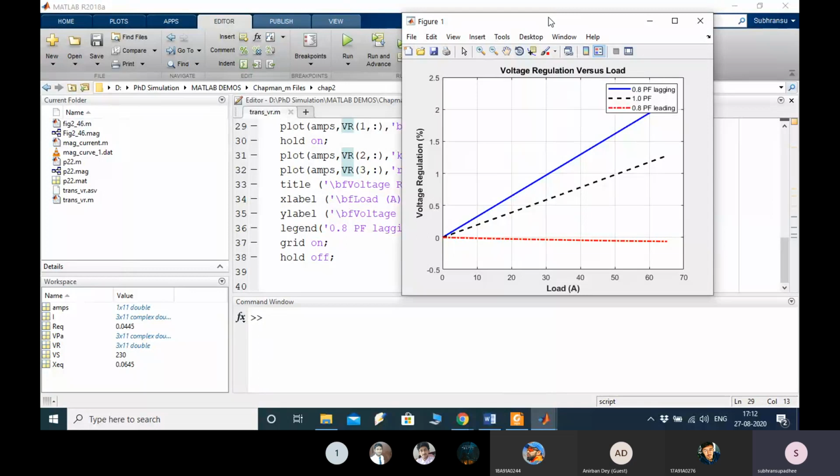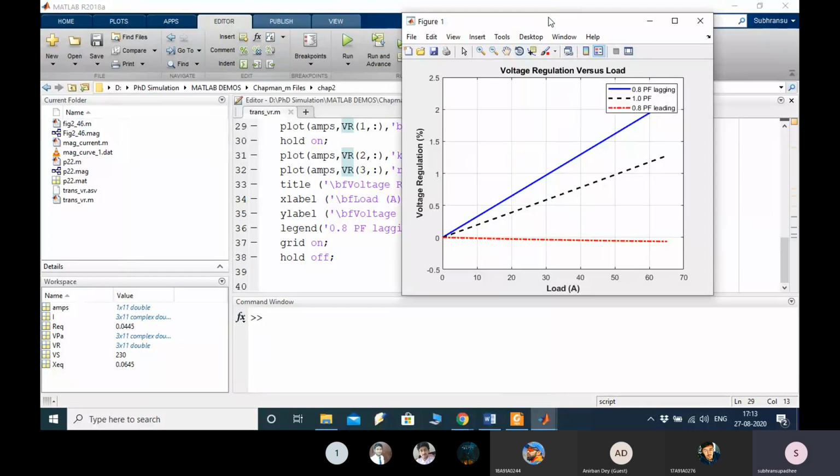The voltage regulation of the transformer, see the formula in your textbook, is the primary voltage minus the secondary voltage divided by the primary voltage, for a particular transformer.